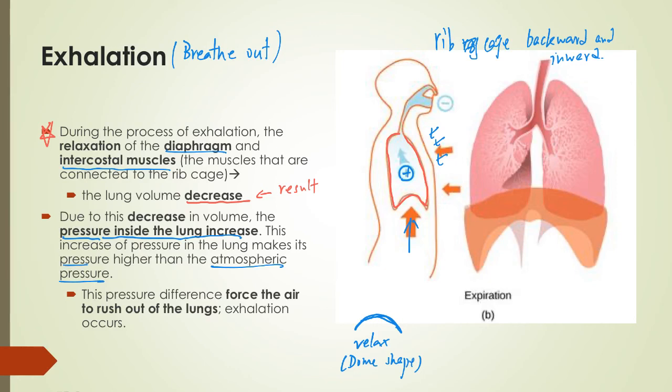When it is higher than the atmospheric pressure, it forces the air inside to rush out of the lung. That's why the air is forced out of our body. So basically it's similar to inhalation, but due to a different action of the diaphragm as well as the intercostal muscles.